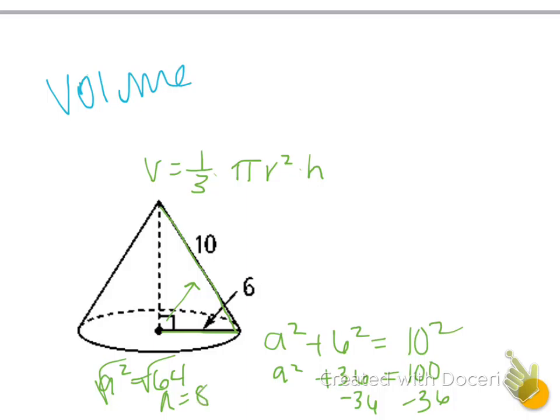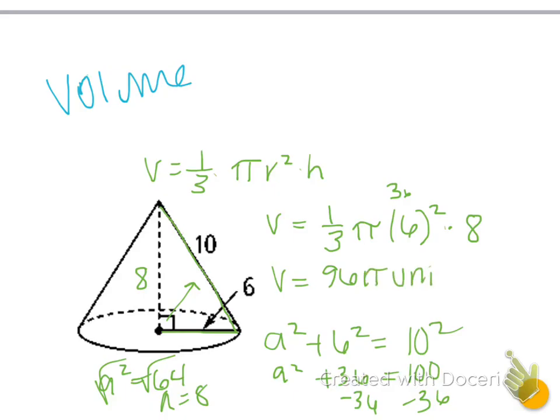So a equals 8, so my inside height is 8. So V equals 1/3 times pi times my radius, 6, squared, times my height, 8. We're going to leave it in terms of pi again. 6 squared is 36, so 36 times 8 times 1/3 gives 96 pi, and we're just going to say units cubed because I don't have it labeled on here.